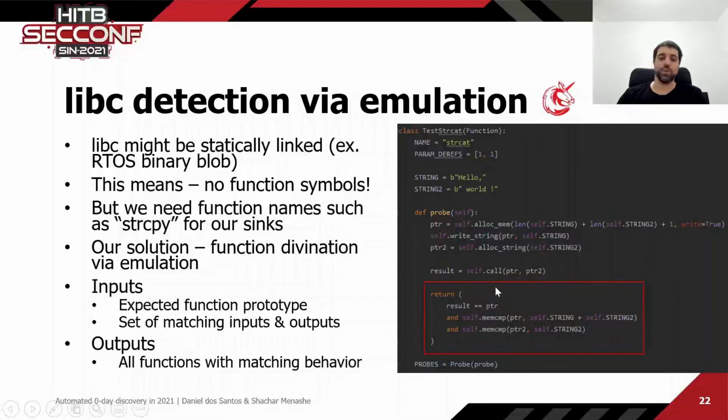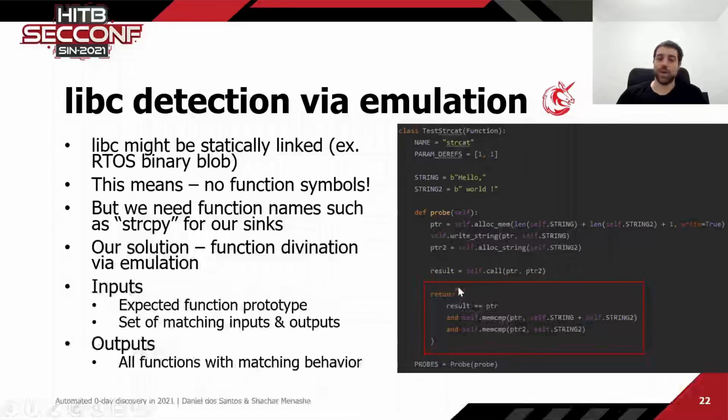So for example, in this case, it will test all functions that get two character pointers as input, so two arguments which are pointers, and then it will call the function with hello and world, and the test case will eventually check that the destination argument, which is of course the first argument, is the concatenated result of both of these strings, and the second argument wasn't changed somehow.